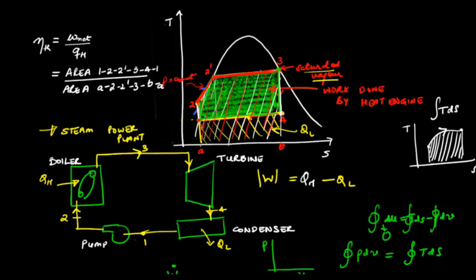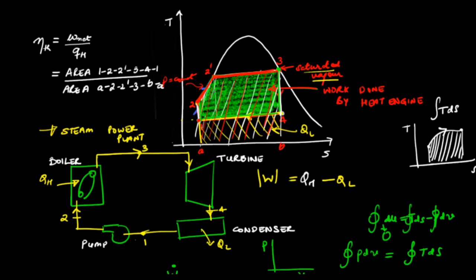So this picture of the thermal efficiency of the Rankine cycle would be helpful, as we'll show in the next lecture, where we'll consider the effect of increasing the temperature and pressure at which heat is absorbed or decreasing the pressure at which heat is rejected in the Rankine cycle on the thermal efficiency.